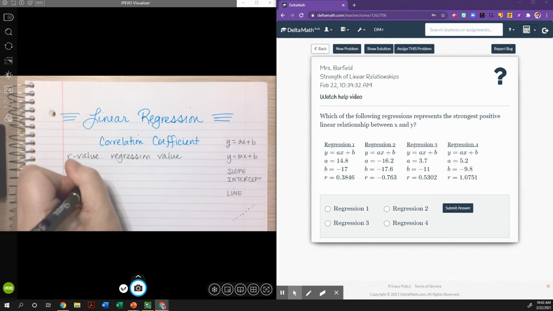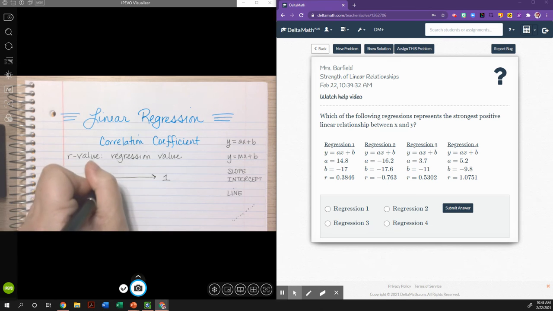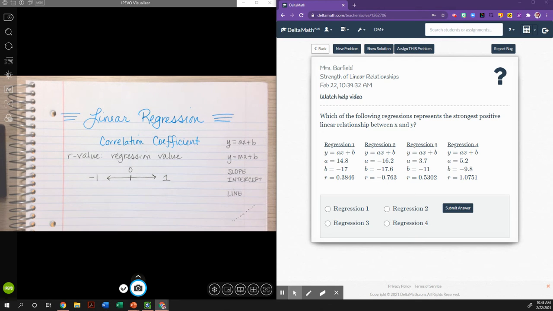That r value is a range, and the range is -1 to +1. Think about 0 being in the middle. So what does this mean for us?